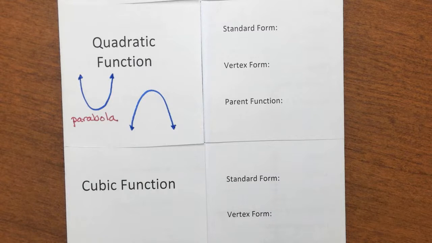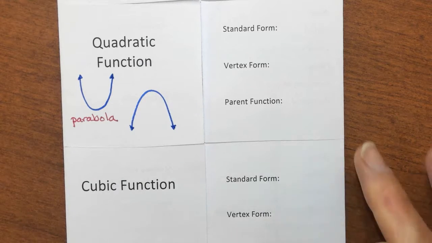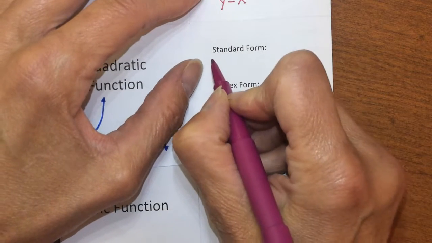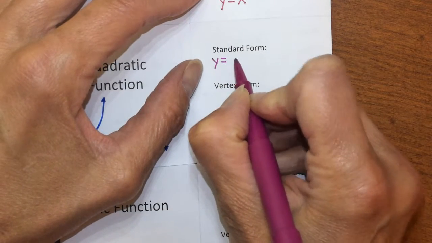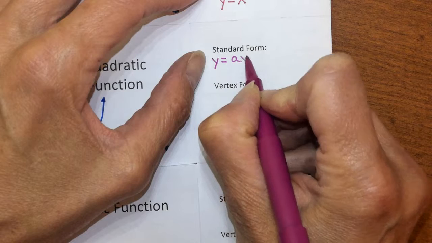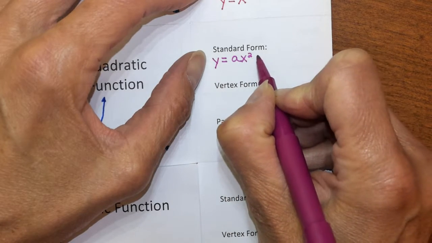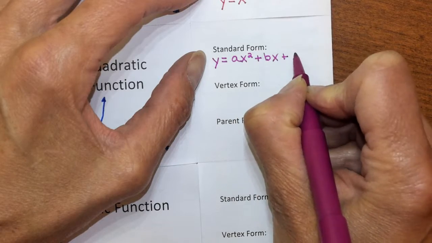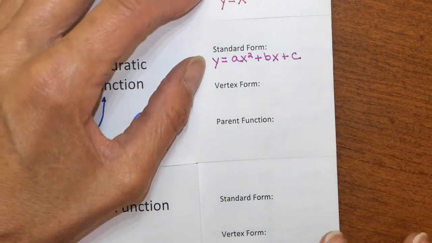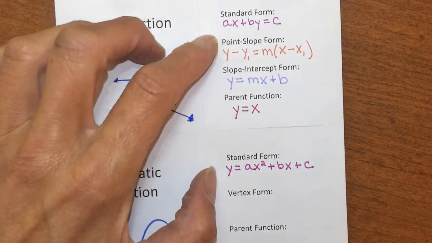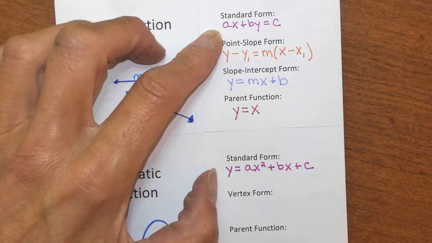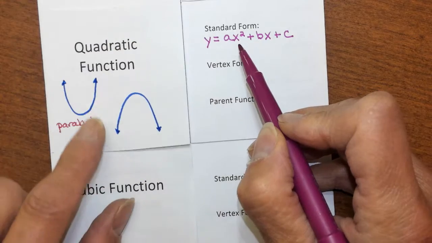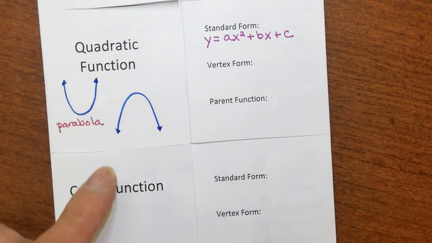So now we talk about standard form. We would have y equals ax squared plus bx plus c. So notice this is written a little bit differently than our standard form is for a line. We start usually with y equals. The quadratic has a square.